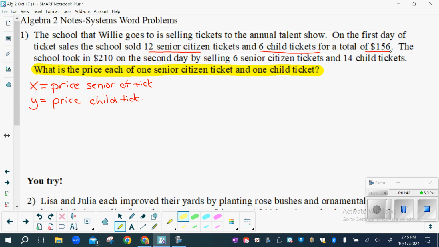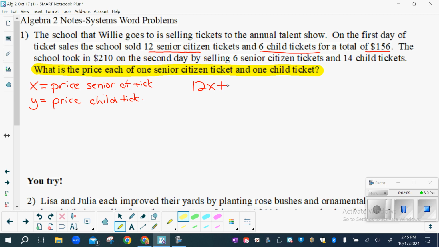Anybody have any idea how we might put that into an equation? Yes, JJ? I don't know. Okay, that's all right. Since we want to know the price, if we've got 12 senior citizen tickets, we're going to take 12 times the price. So we're going to take 12x to start. Yes, Will?